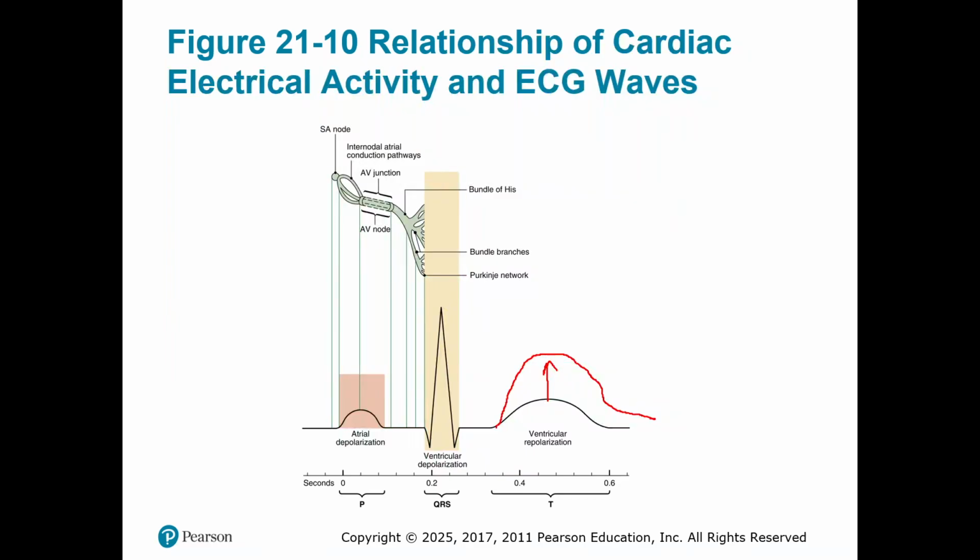Now, a lot of times we have something called an NSTEMI. So after the acute phase of an MI, sometimes we can start seeing old damage because this will deflect downward.